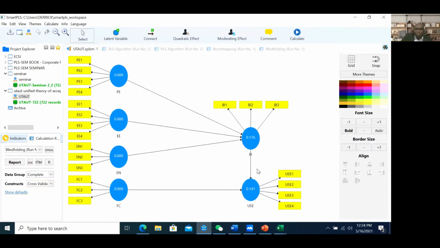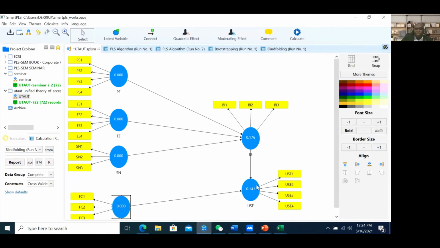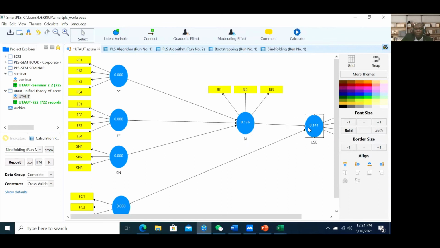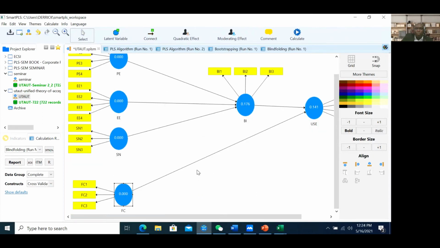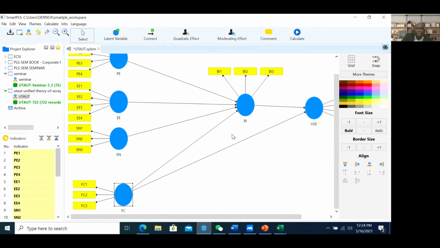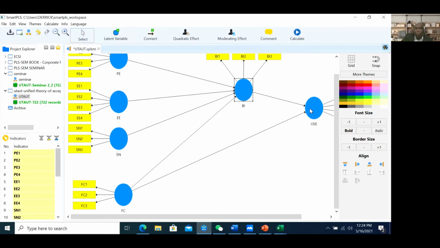Now, let me reposition this diagram. I'm just going to connect. This is how a typical mediation looks like. It looks like a beautiful small triangle.